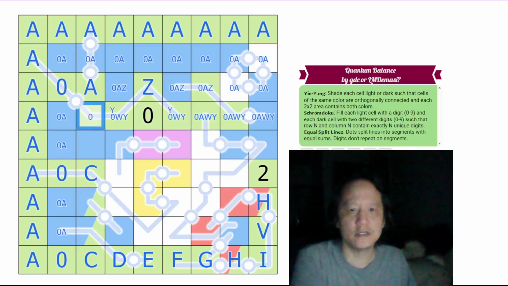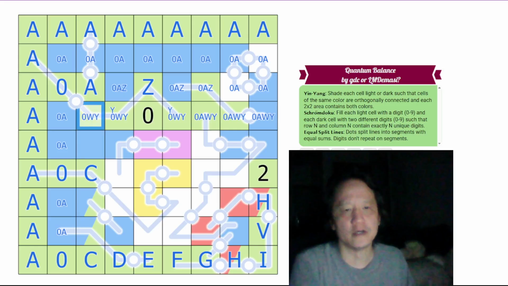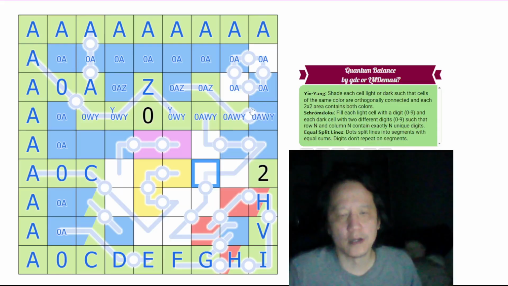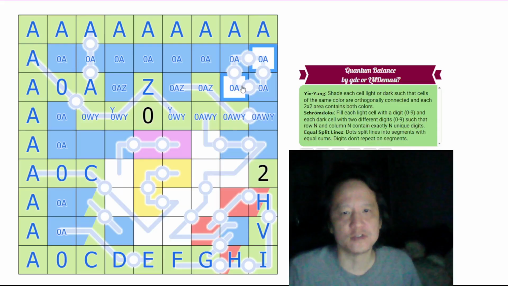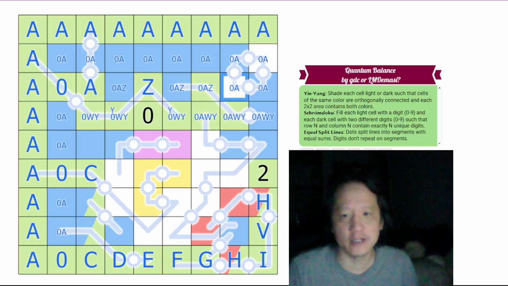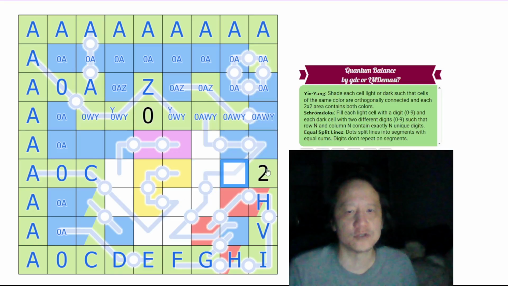So this is Z, A, W, Y. Cannot be A, because A cannot equal itself with other digits adding it together. So one of these is green, one of these is blue. Okay, this is a 2x2 area of all 3 greens, so this must be blue, which makes this green. Okay, so the blue extends out this way. This is A, 0, A, W, Y.